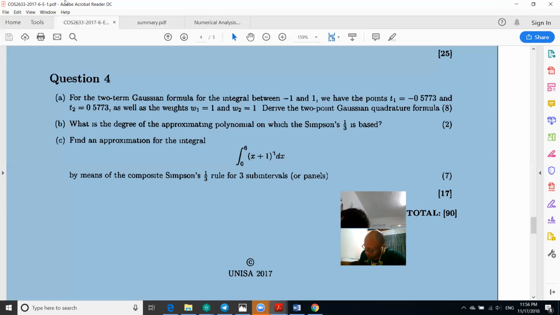I've got a bit of a problem. Usually we can't do it if the panels are odd. We have to do one sub-interval, whichever one is more linear, with the trapezoidal rule, and the rest with Simpson's rule.